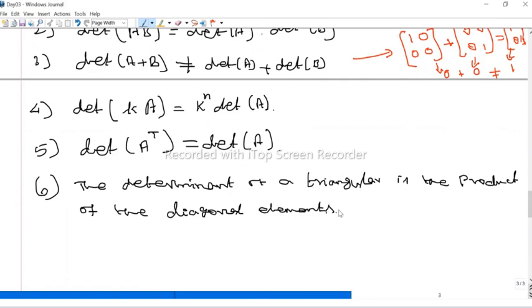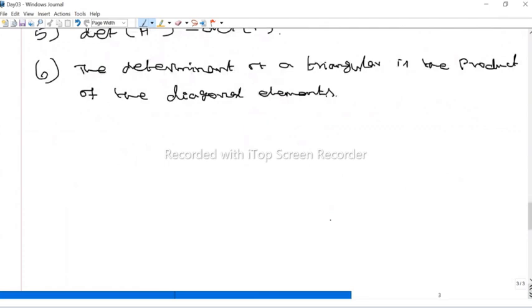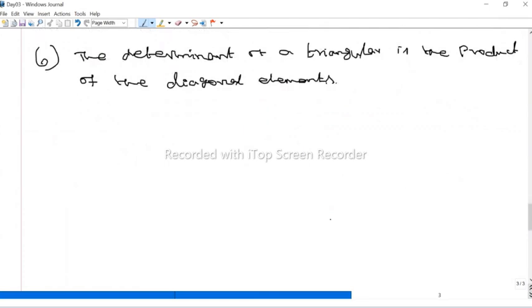Maybe one more method is there to find the determinant of a 3 by 3 matrix. You know very well that to find the determinant you have to expand either row wise or column wise using cofactors. One more method, particularly for a 3 by 3 matrix, is called Sarrus method.